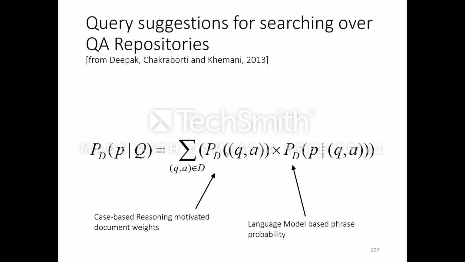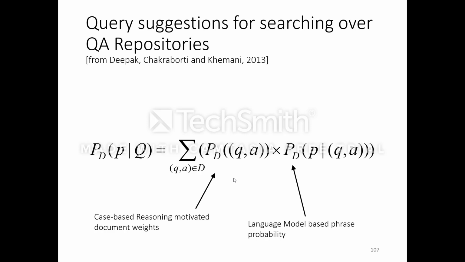You would take the phrase, look at the support from each of the documents and sum them up. Here we are also looking at the support from each document and summing them up, but we are using a weighted sum where the weight gives higher values to those QA pairs which are better aligned in the solution space. So that captures the intuition that we laid out in the last slide.